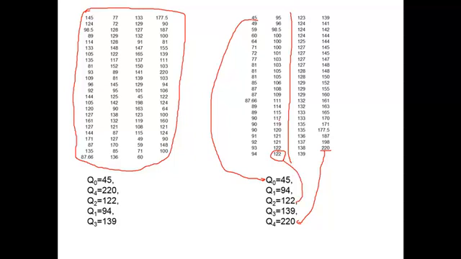Now the other bit is harder, because we're looking at the bottom half. It turns out that this right here is exactly the middle of the bottom half, and that gives me my Q1. And this right here is exactly the middle value of the top half, and that gives me my Q3.